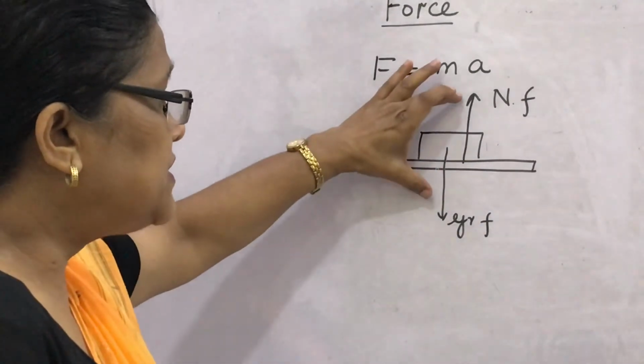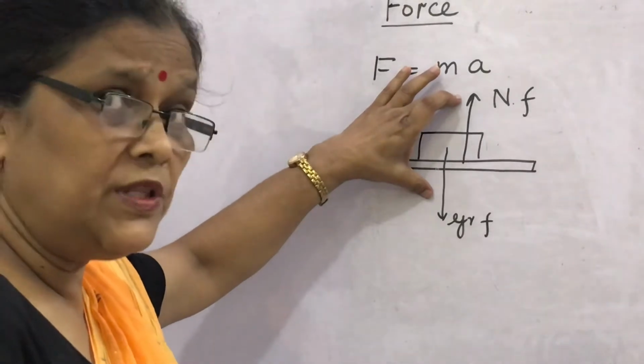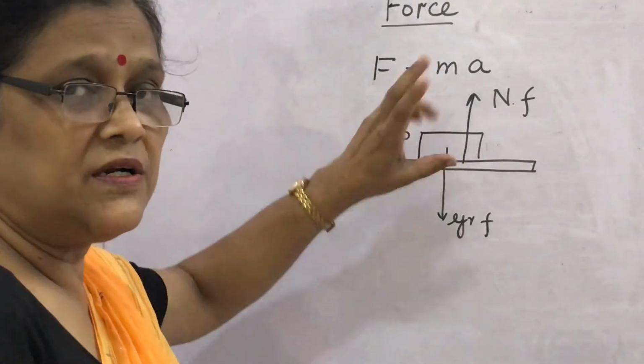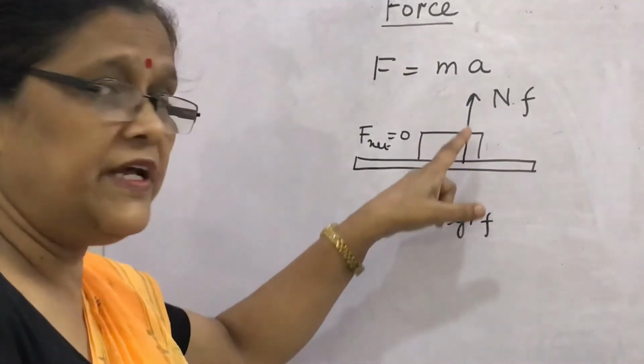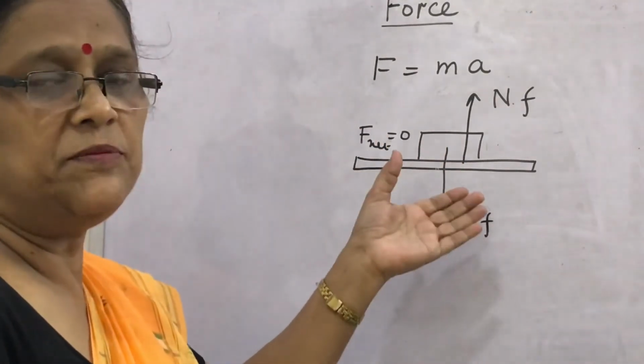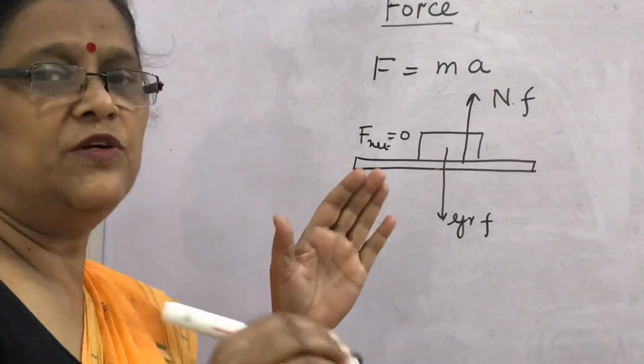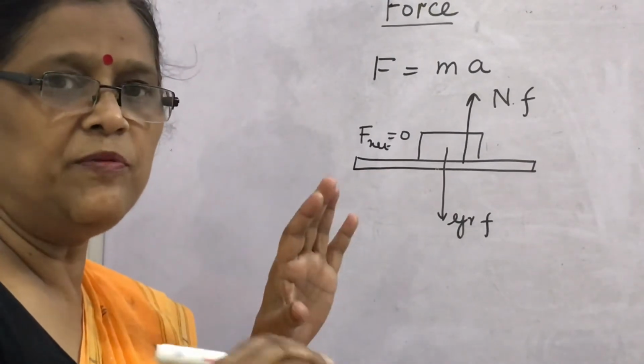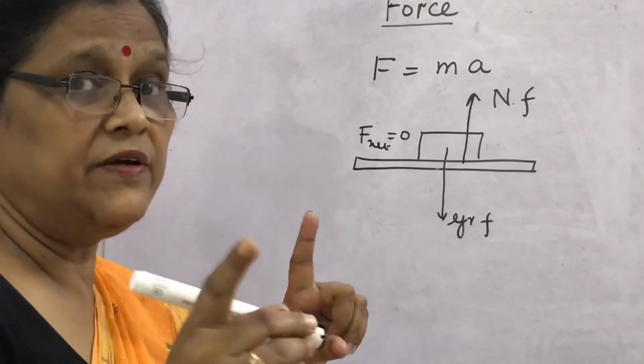We cannot say these two forces are action reaction forces, although they are equal and opposite. You might have a misconception, although action reaction forces are equal and opposite, but what is the difference here?